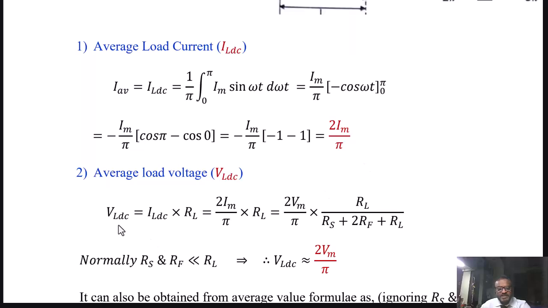So therefore, VLDC comes out to be twice Im by pi into RL, where Im is Vm divided by Rs plus twice Rf plus RL. Since Rs plus twice Rf is much less than RL, if that is the case, then VLDC can be approximately twice Vm by pi, which is same for the center tap full wave bridge rectifier.